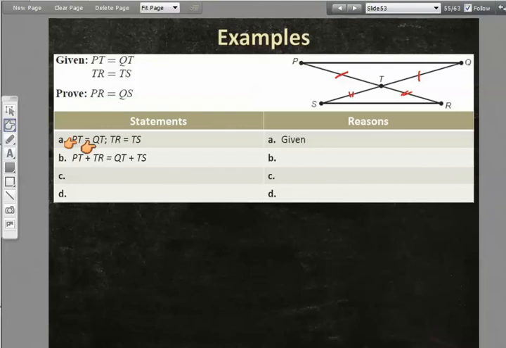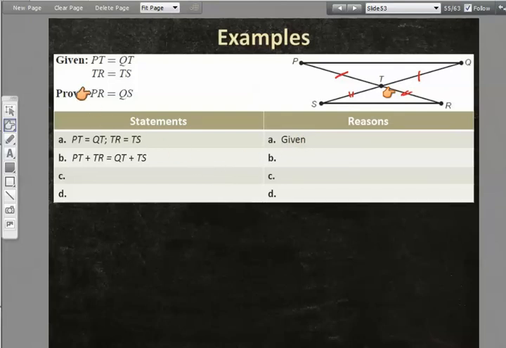My second statement, look at this. If I know PT equals QT, right? PT equals QT. I also know that PT plus TR is going to equal QT plus TS. And you say, oh, how do you know that? Because see, these guys are congruent and these guys are congruent. That's how I know that.